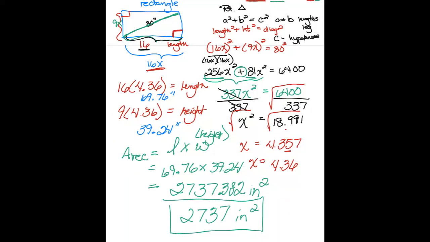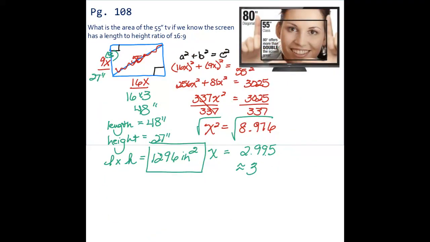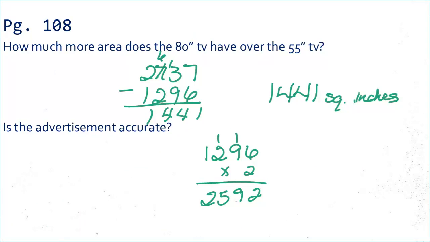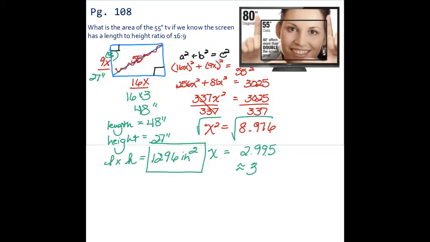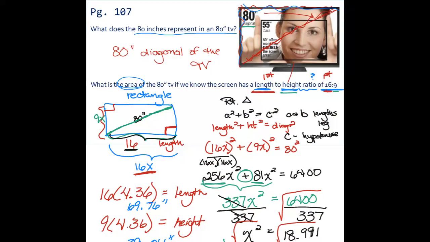So 80-inch offers more than double the screen area. What's my original? 2737. So, is the advertisement right? Is this 2 times plus more? Is the 80-inch 2,737? I keep forgetting what my number is.